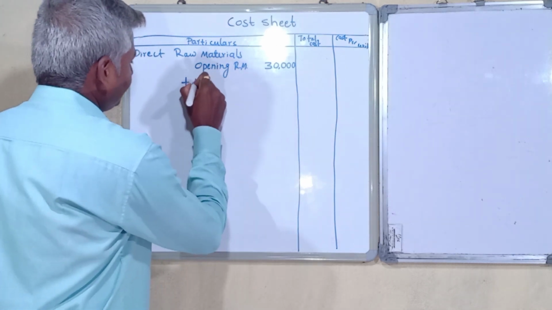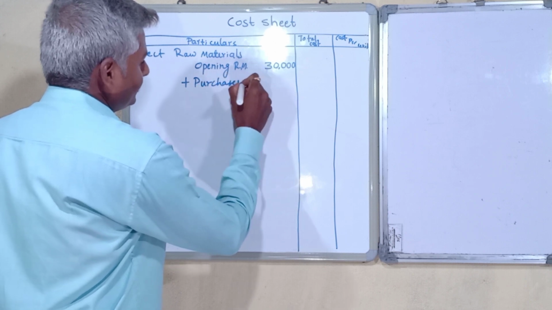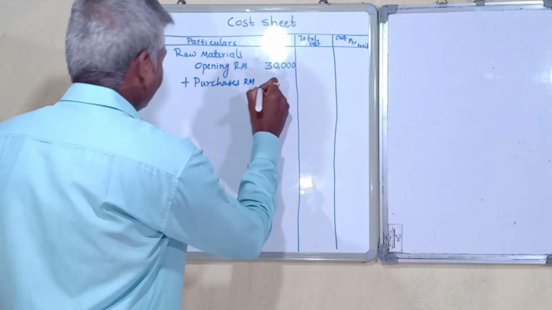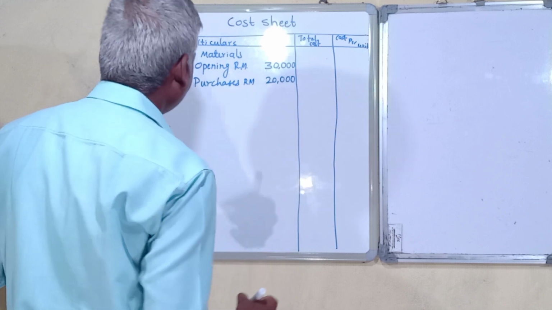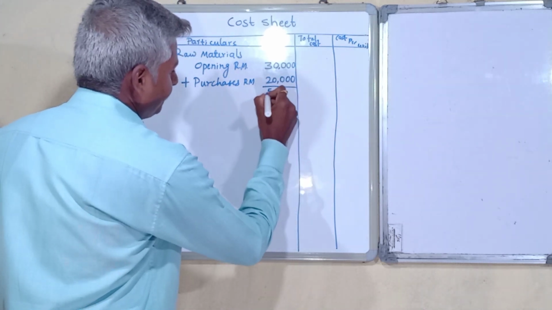So add purchases of raw materials. They have purchased 20,000 rupees. To total it, that amounts to rupees 50,000.